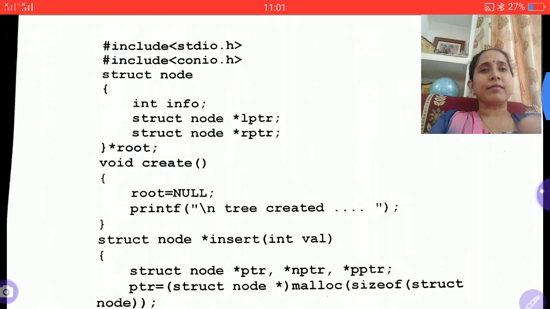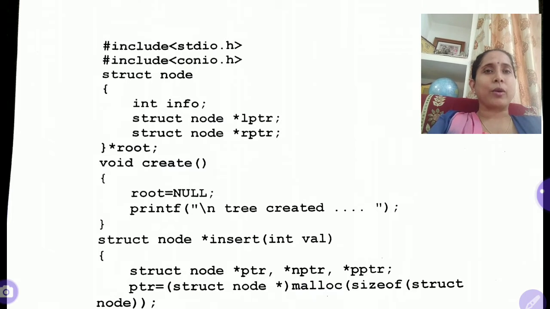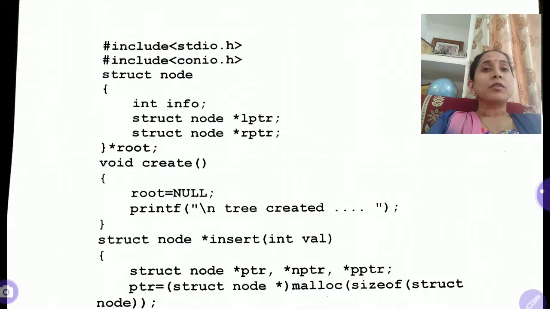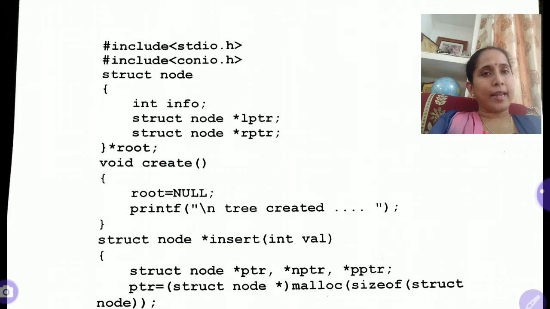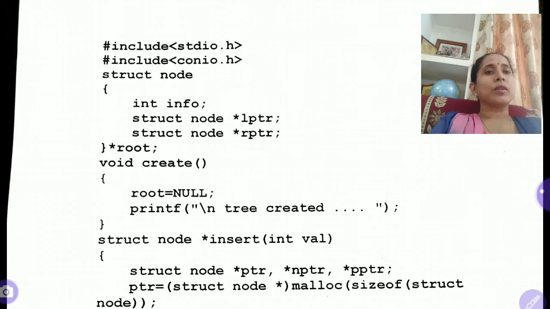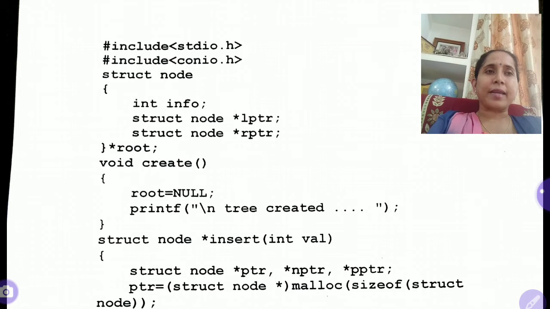Now we start with, as you know, #include stdio.h and conio.h. Struct node is created just like in any linked list program, because we are representing the tree using a linked list over here. So struct node in a tree has three parts, as I have told you in regular classrooms also.